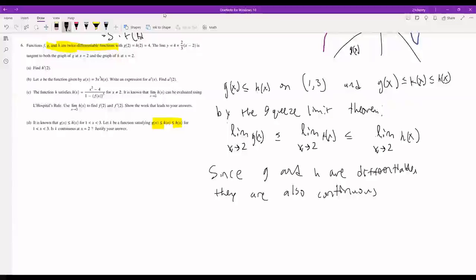Meaning that the limit as x approaches 2 of g of x equals g of 2, and that it's given that that equals 4, and also the same is true for h of x.